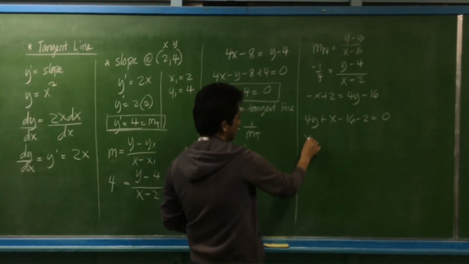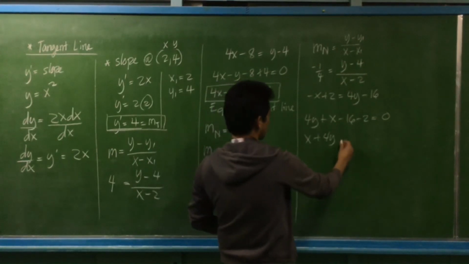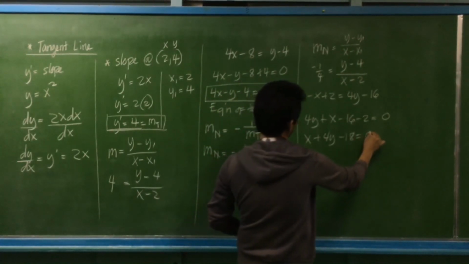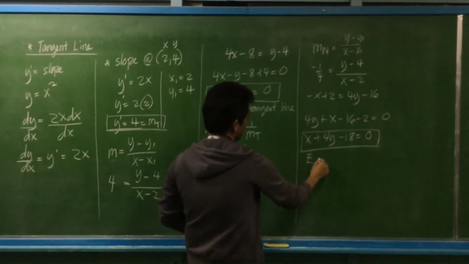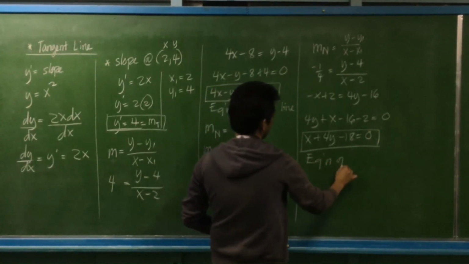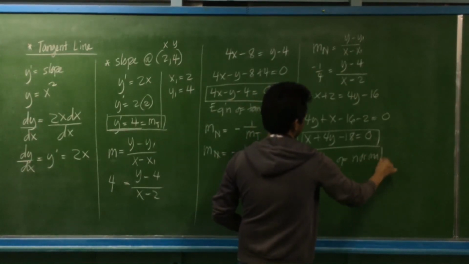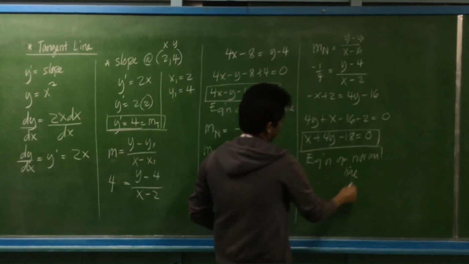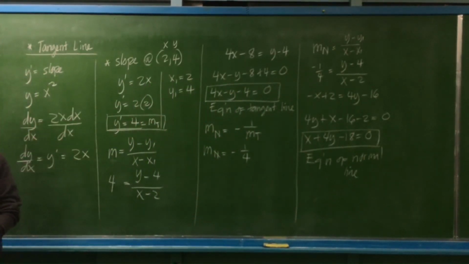Just to rearrange, x plus 4y minus 18 is equal to 0. So this is the equation of the normal line, normal to the curve y is equal to x squared at the given point (2, 4). So this is our example.